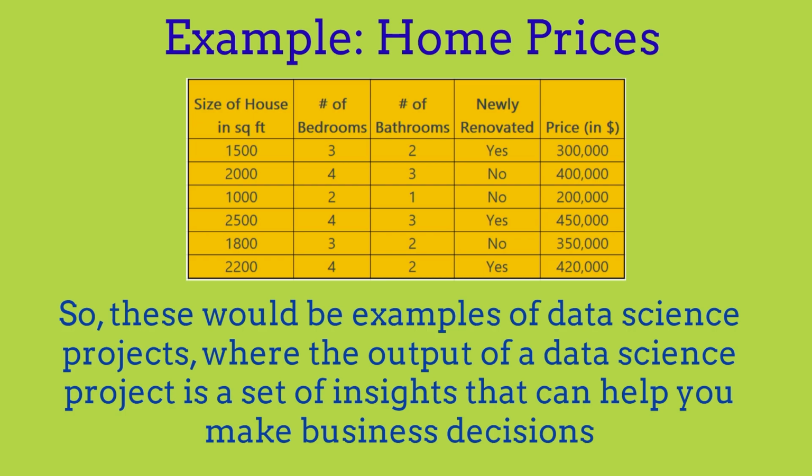Another example we can take from this table is to look at the 1500 square feet house, which is the first one, and the 1800 square feet house, which is the second to last one. Both of them have the same number of bedrooms, which is 3, and the same number of bathrooms, which is 2. The only difference is that the 1500 square feet house is newly renovated, while the 1800 is not.